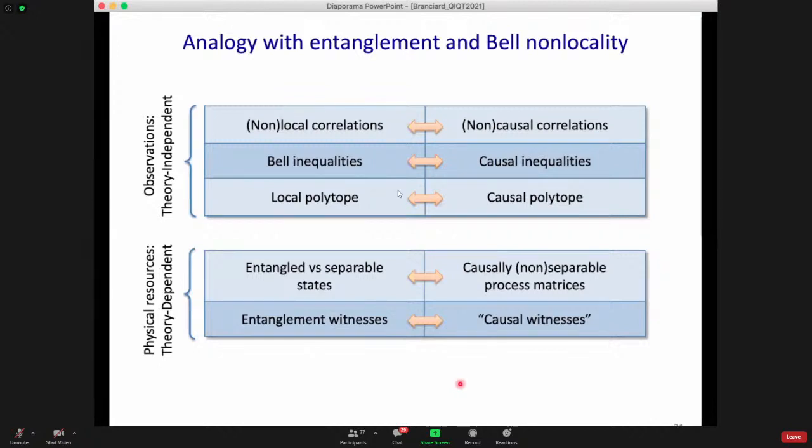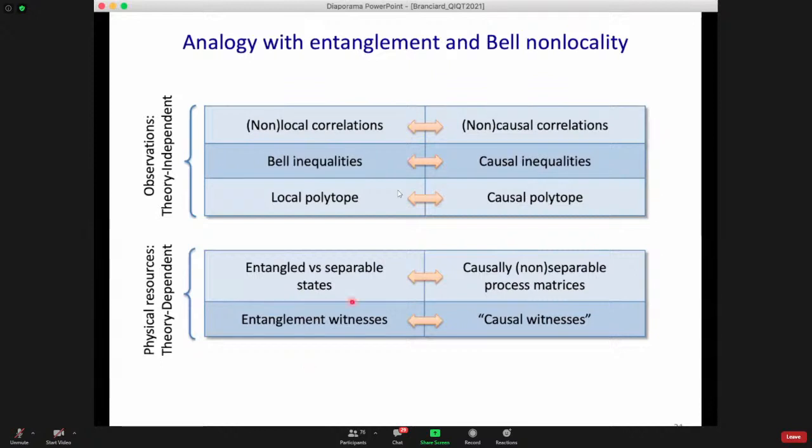And before moving to the next section of the talk, I just wanted to highlight again this analogy that I mentioned already a few times between Bell non-locality and entanglement on one side, and causality or causal non-separability on the other side. And I want to highlight this because all this on this side about non-local correlations, Bell inequalities, entanglement, has been studied a lot in the last few decades. So there's a lot that is known. There are many works, many directions that have been suggested to study, to investigate.